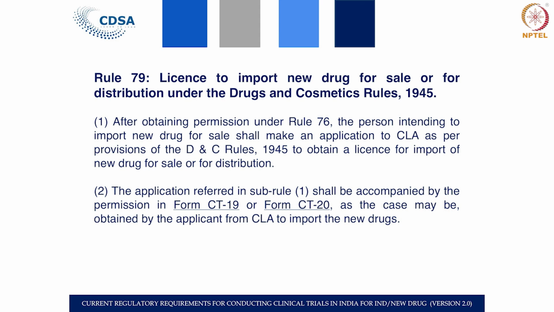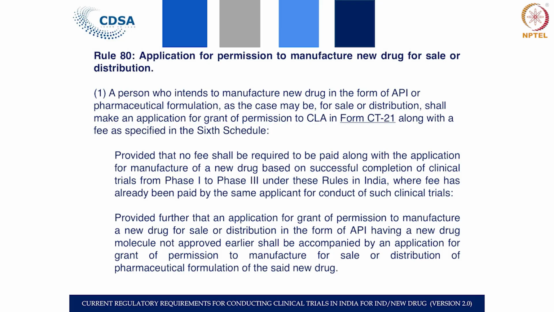There cannot be any application for an unapproved drug in the country for import or for manufacture without an application for a pharmaceutical formulation. So, no unapproved API is permitted to be manufactured or imported in the country without an application for the manufacture of the formulation.